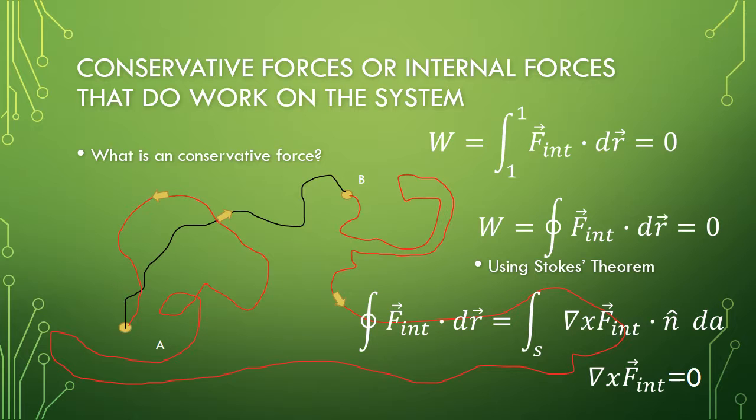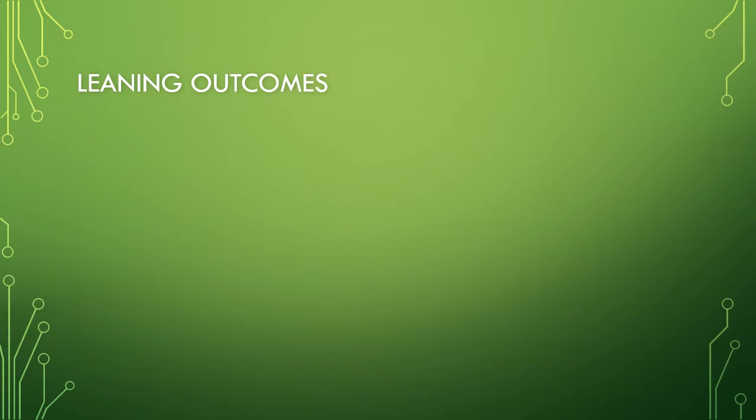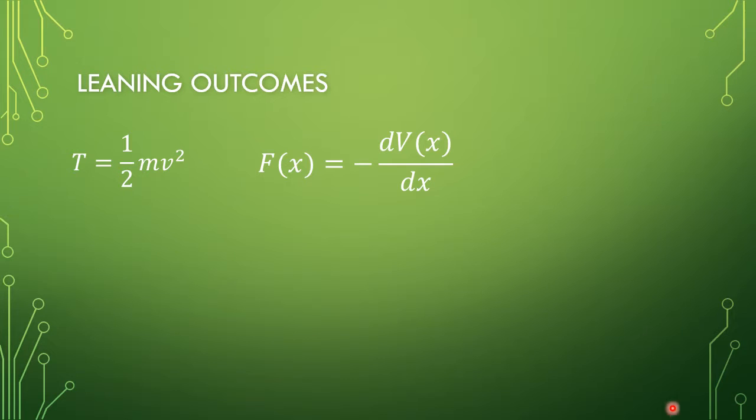In the end, you should know how we found the kinetic energy of a system. You should know how we define the potential energy of the system. Now, this is a one-dimensional one, just over x, or the space x. It doesn't have to be x, it could just be r.